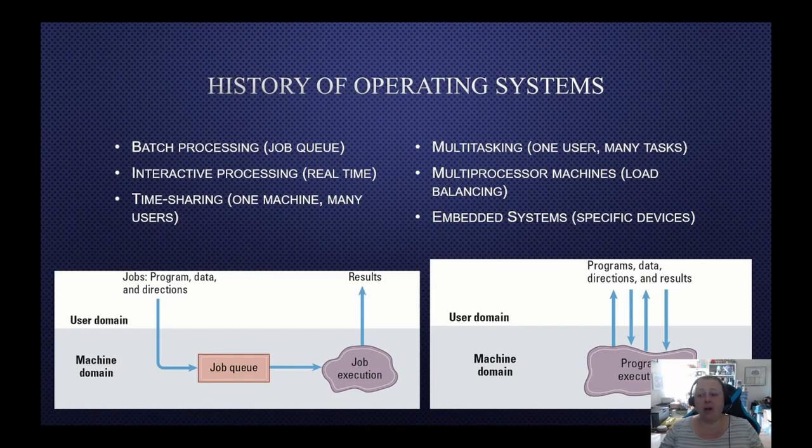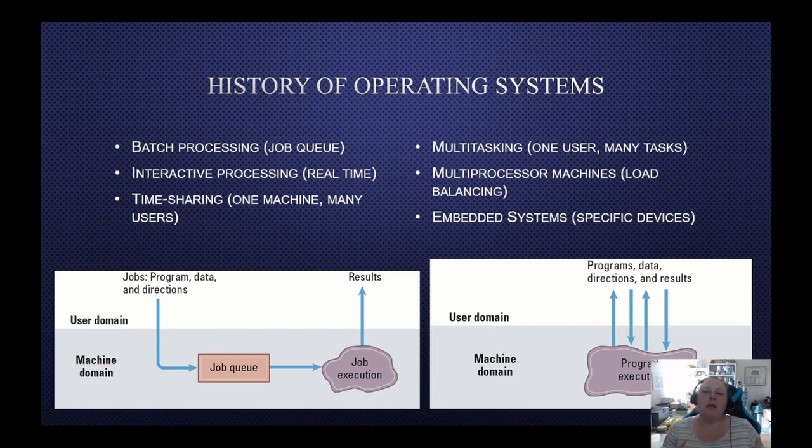As computers have gotten faster and more advanced, they've now gotten to a point where you can start doing multitasking, or multiple tasks at once. With multitasking, we're talking now about one user performing many different tasks at the same time. The next big evolution of the operating system was the development and implementation of microprocessor machines, where you've got multiple processors running at one time.